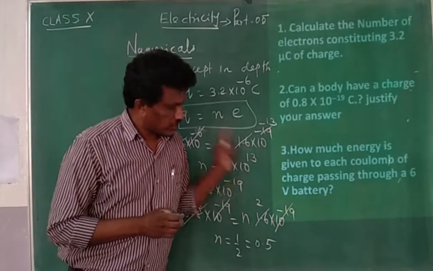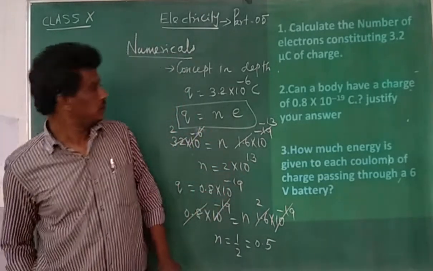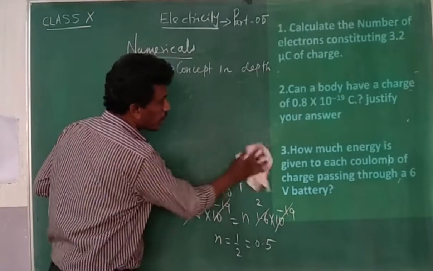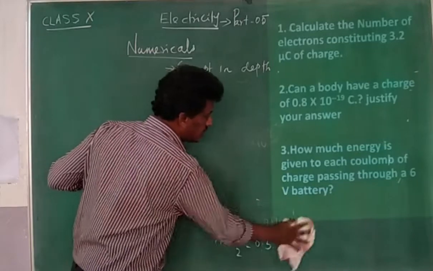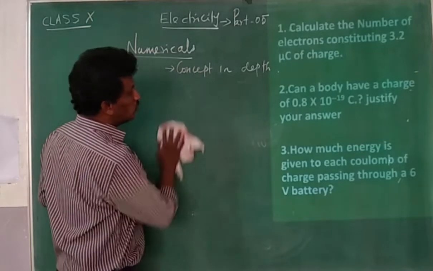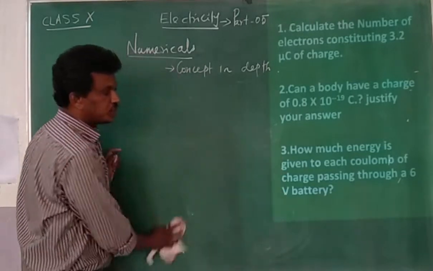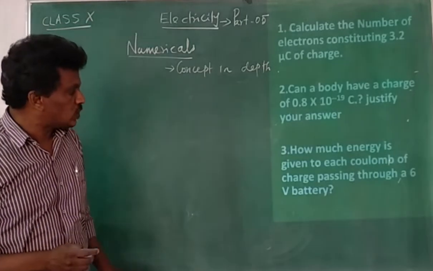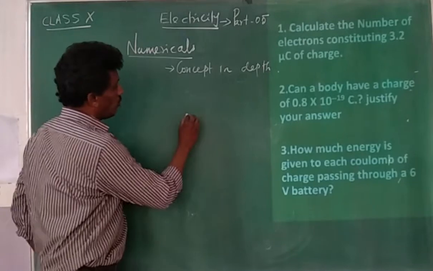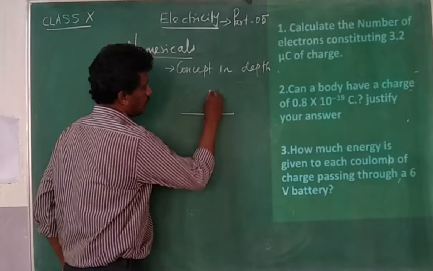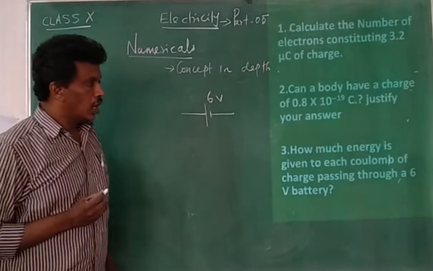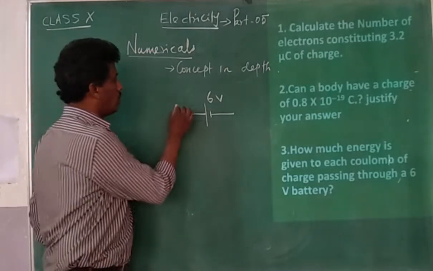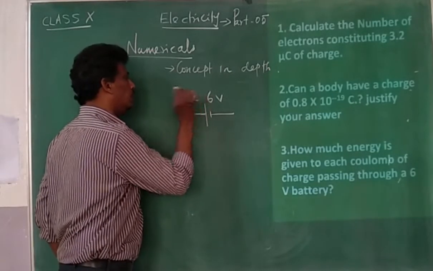Let us discuss question number 3. How much energy is given to each coulomb of charge passing through a 6 volt battery? The battery is 6 volt. How much Q are we using? 1 coulomb.